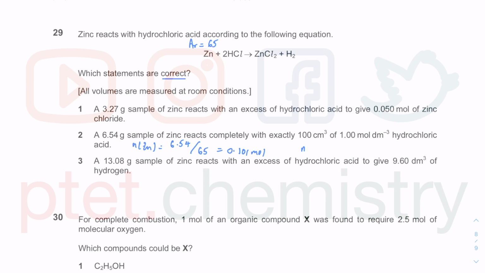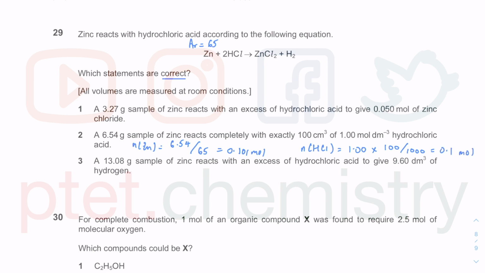Now I need to work out the mole of the HCl, which is concentration. Oops, sorry. It does not matter whether I do volume or concentration first. If I do concentration in mole per dm cube, I must multiply by the volume in dm cube. So 1 times 100 divided by 1000. So this gives me 0.1 mole.